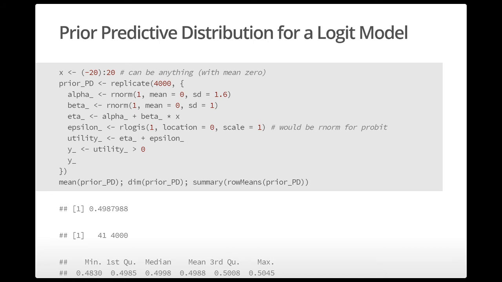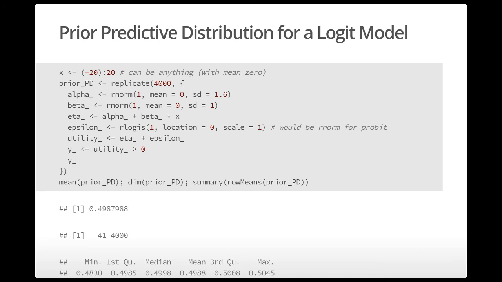Add eta and epsilon together to create, assuming the observations are individuals, the predicted under the model difference in utility between whatever corresponds to the outcome of 1 and whatever corresponds to the outcome of 0.